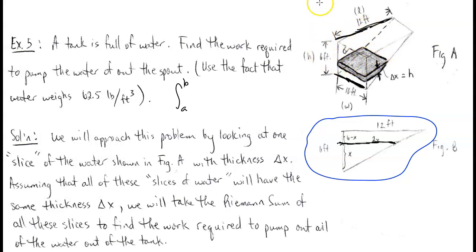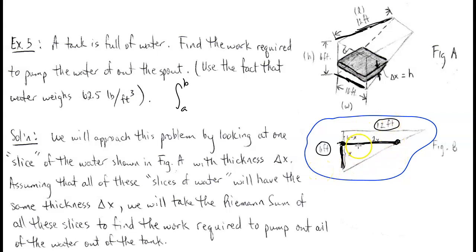Now, if the height is 6 feet, and we're already at the top, and the length here is 12 feet, then we know by similar triangles that if we are at X feet like this, then this length here is going to be 2X, going from right here to right here.